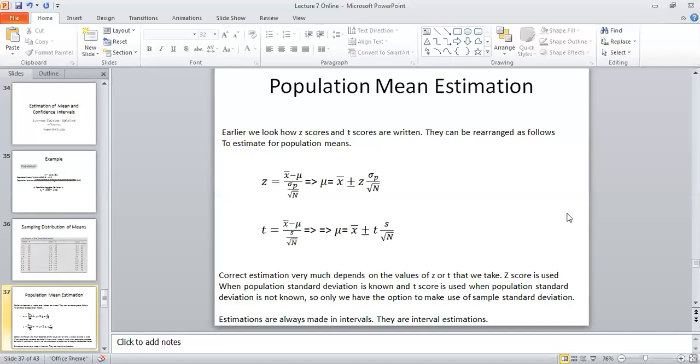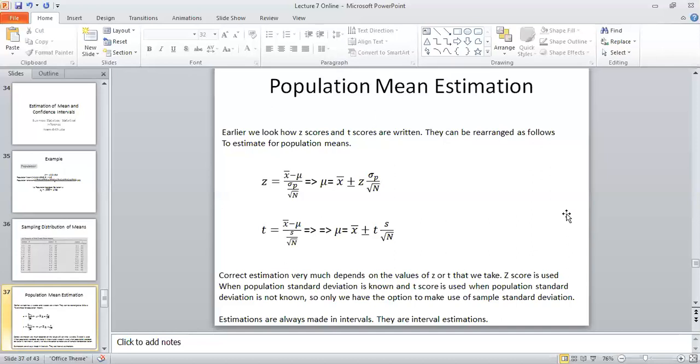Now we can see that correct estimation very much depends upon the values of z and t taken in these equations. If you recall the z and t tables, they correspond to particular probabilities. So estimation very much depends upon the probabilities that we are taking.